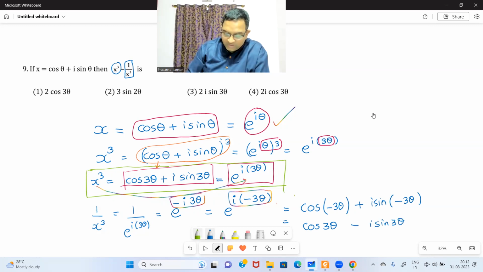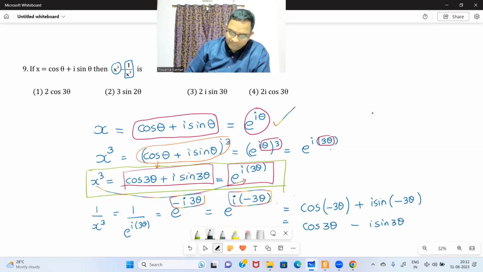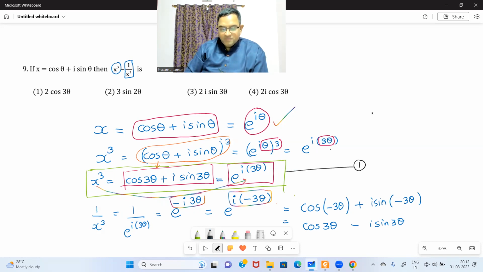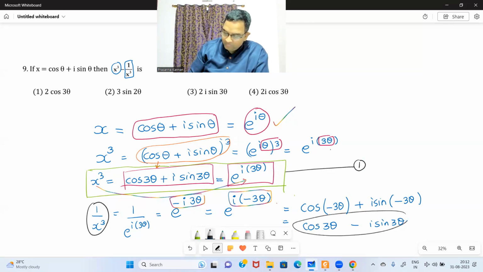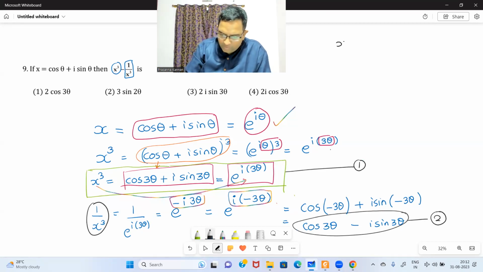So we got the equations that we needed. The first part: x cube is equal to cos 3 theta plus i sin 3 theta. What is x cube?